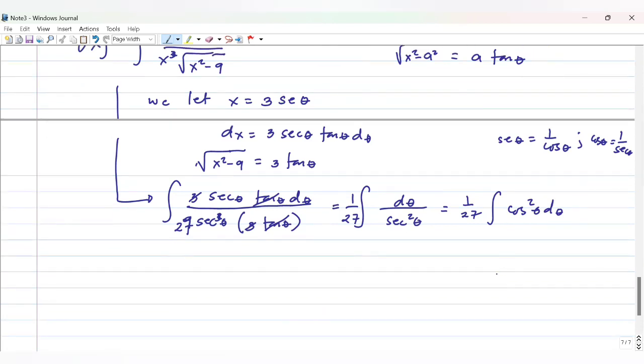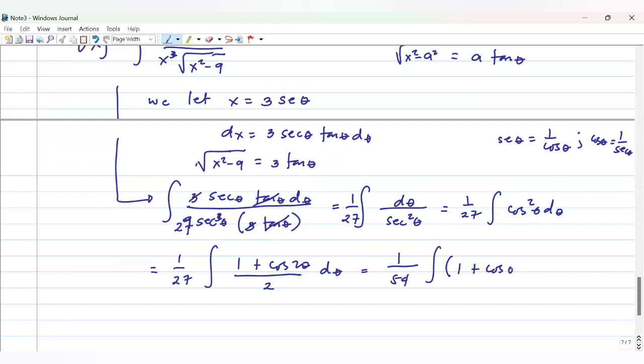Going back to our lesson on the powers of cosine and sine, that will be 1 over 27 times the integral of 1 plus cosine 2 theta over 2 d theta. So that will be 1 over 54, the integral of 1 plus cosine 2 theta d theta.